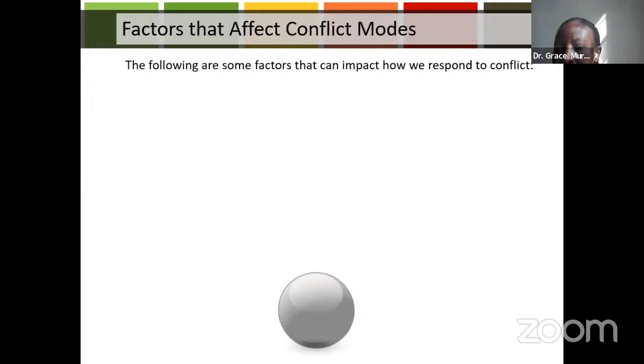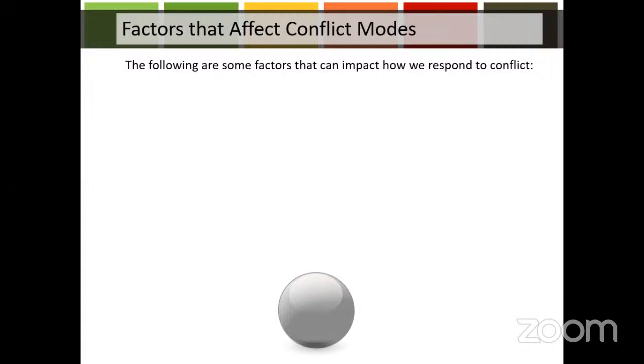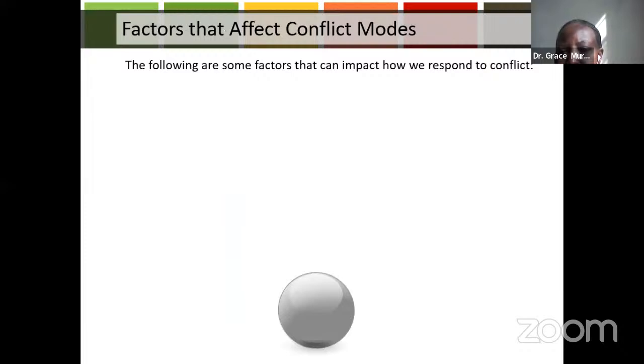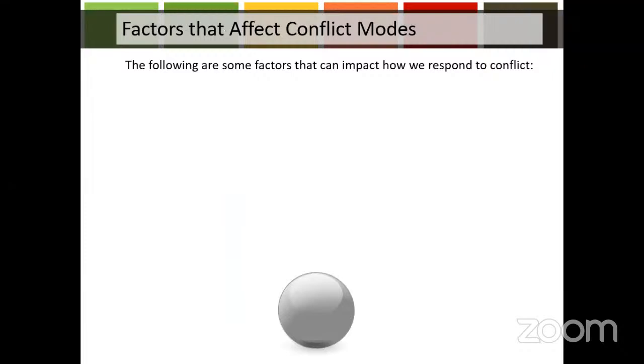Good. Anyone else? Someone else with something else around there? Factors, the factors? Grace. Yes. Maybe what would also affect is the managerial styles that you possess at that point. It would really determine how you're going to approach it.